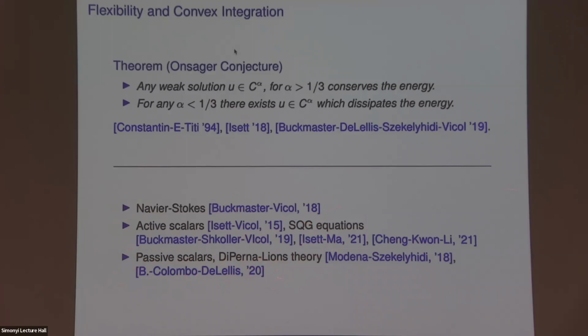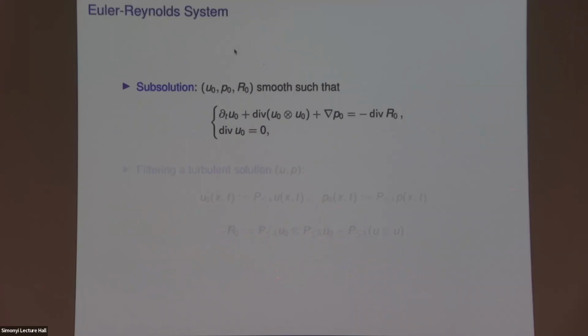Okay, let me just quickly explain what's the key point behind convex integration constructions and why it's somehow very hard to get flexibility out of this methodology in the two-dimensional setting when the vorticity belongs to some L^p space. Now, the idea is the following.